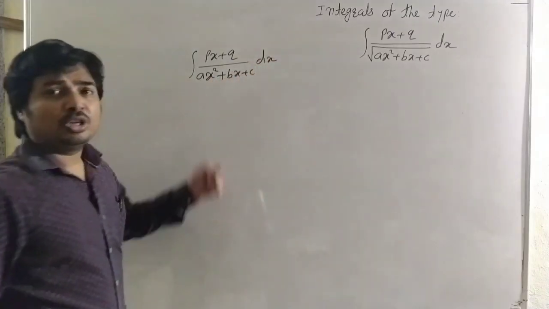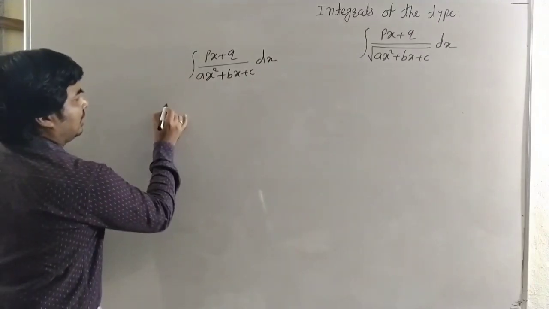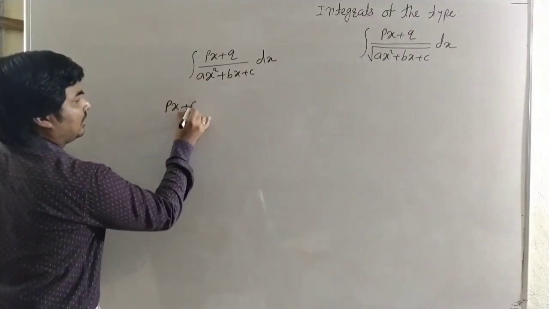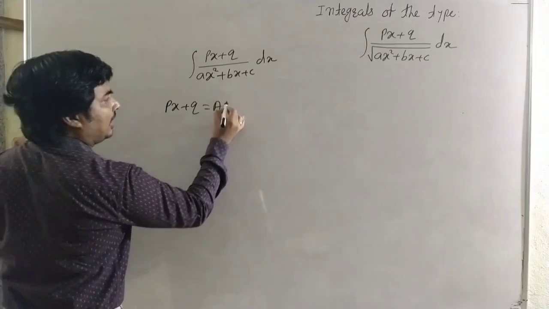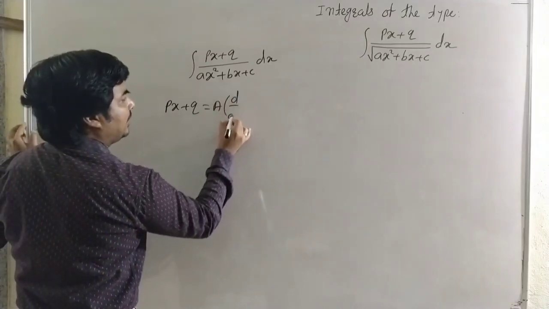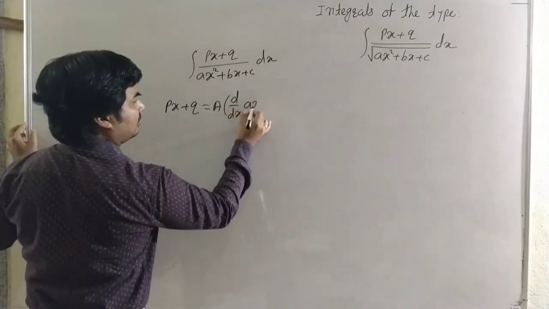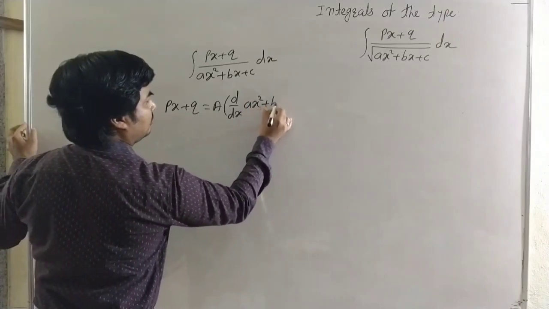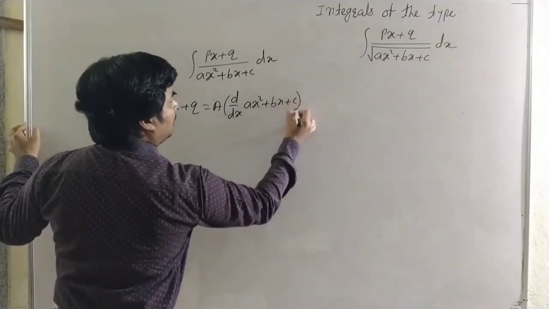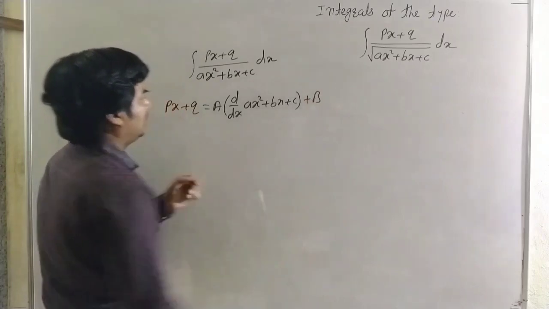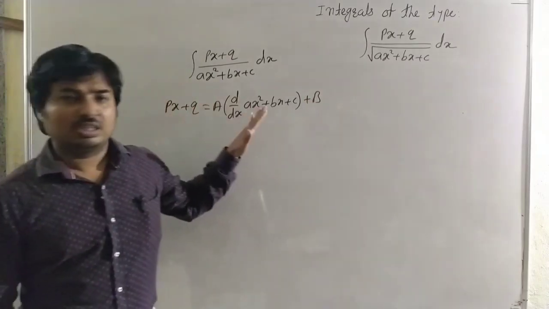The solution method for this: the linear function can be expressed as A into the derivative of the quadratic function plus B, where capital A and capital B are constants.